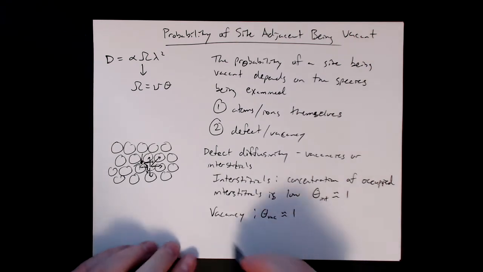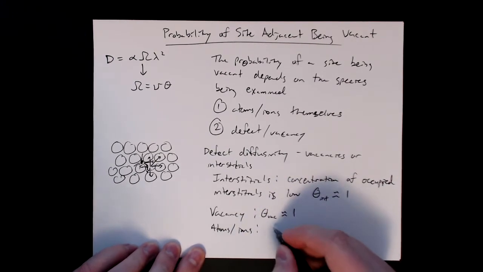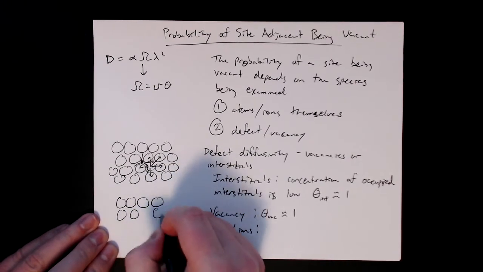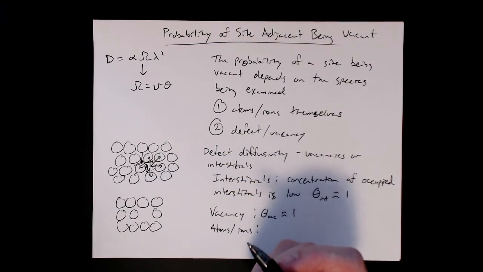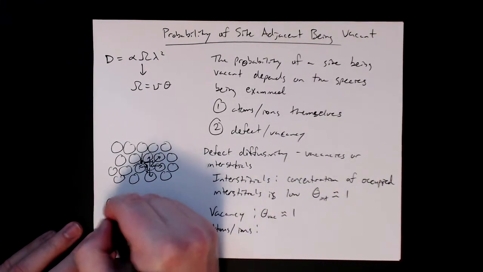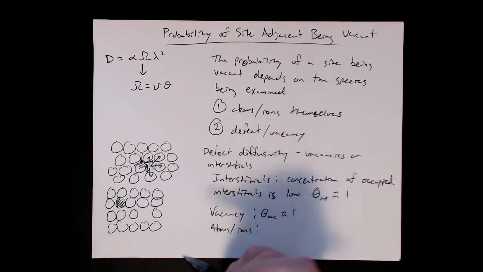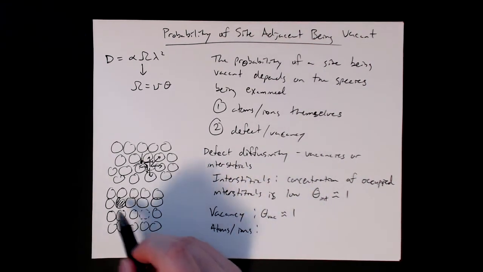So lastly, if we're talking about atoms and ions, let me draw this again, because it's getting kind of cluttered. All right, so now if we look at a typical atom, say this one, and maybe I should draw more around it. Again, we go by the same kind of idea here, that we know the vacancy concentration is relatively low. And so the probability that an atom will have a vacancy near it is also pretty low.